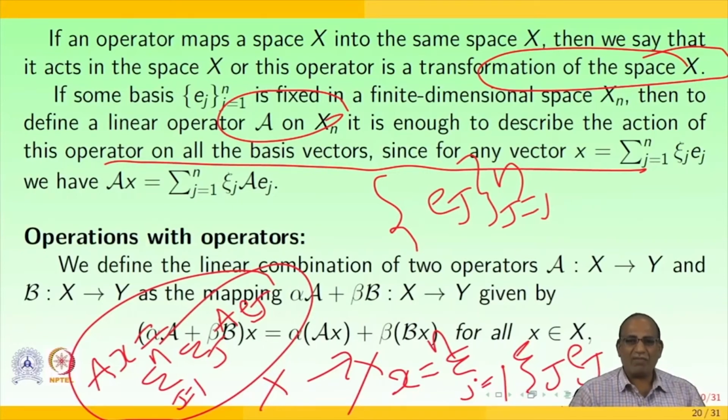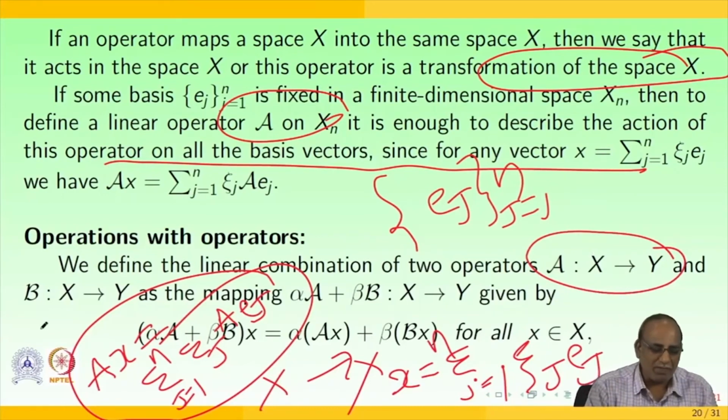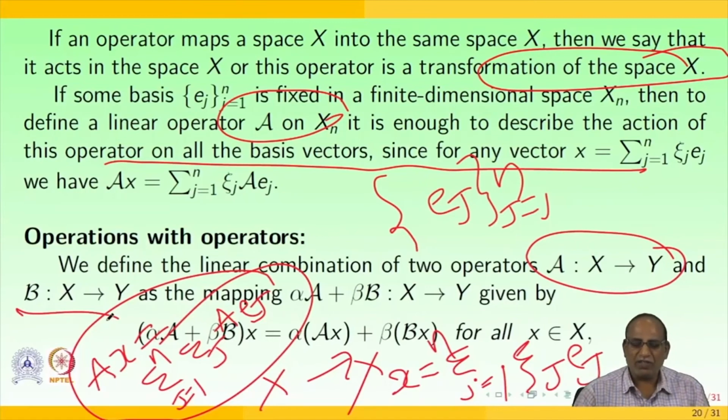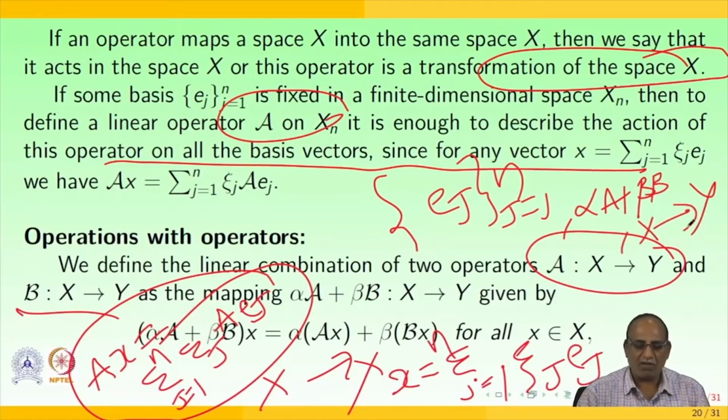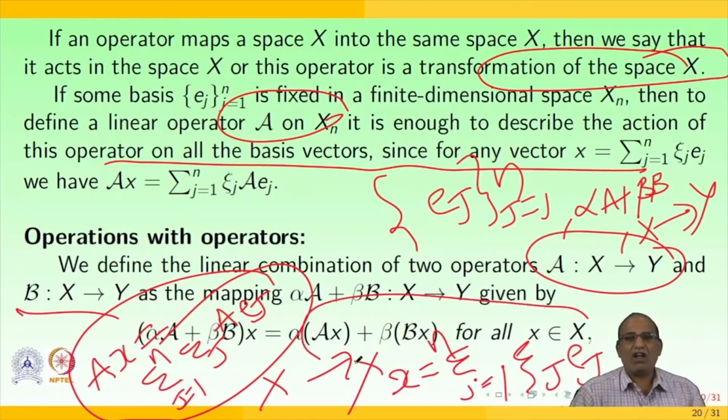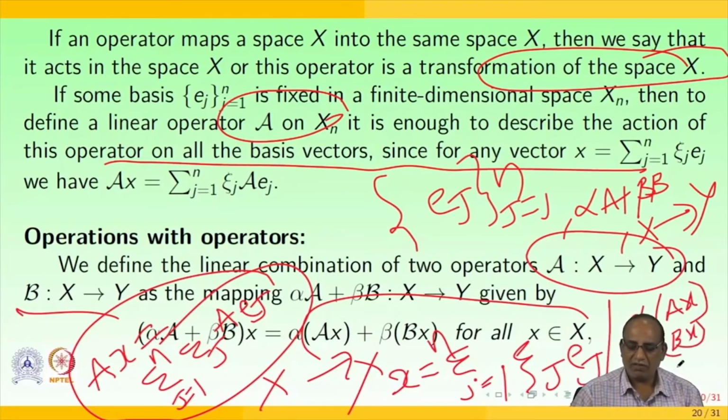We define the linear combination of two operators, that is, A maps X to Y and B maps X to Y. The mapping which we call alpha times A plus beta times B maps X to capital Y. We get alpha A plus beta B applied to x is alpha times Ax plus beta times Bx for all x belonging to capital X.